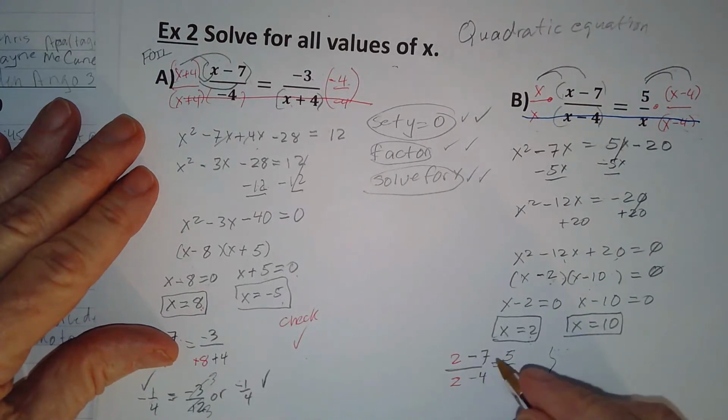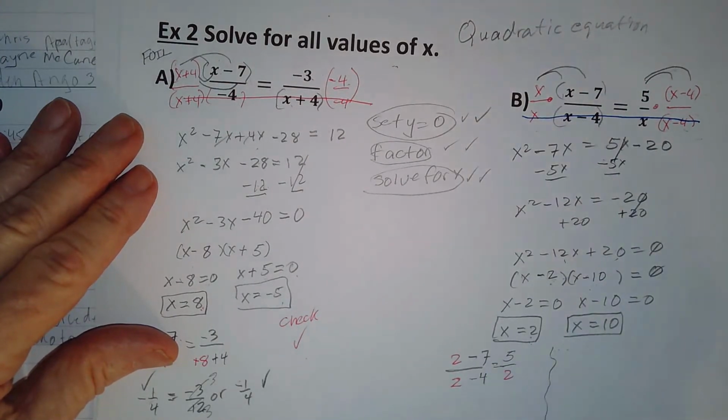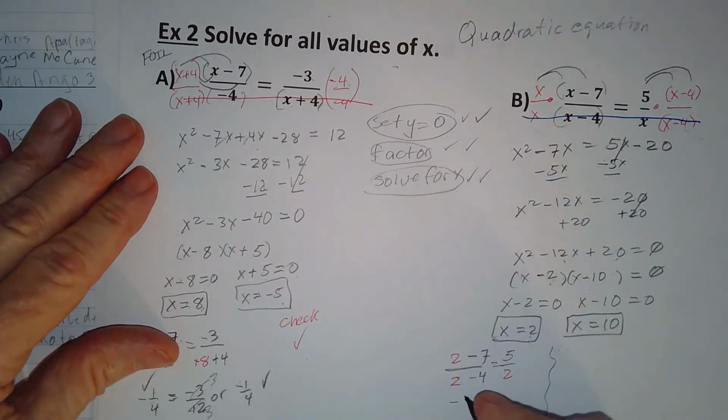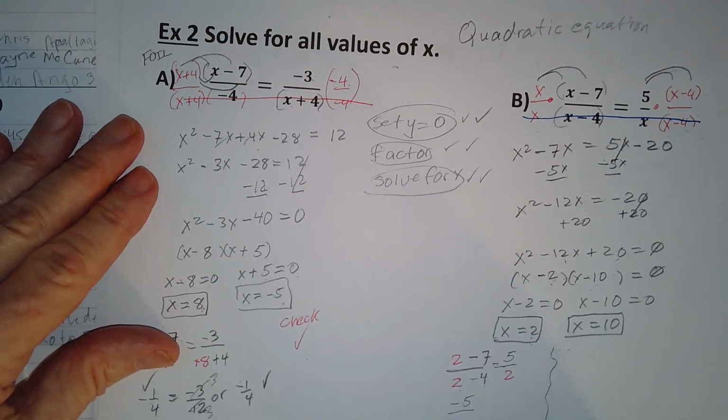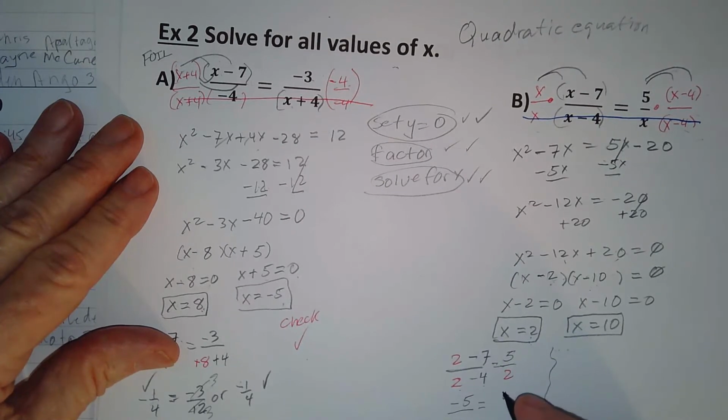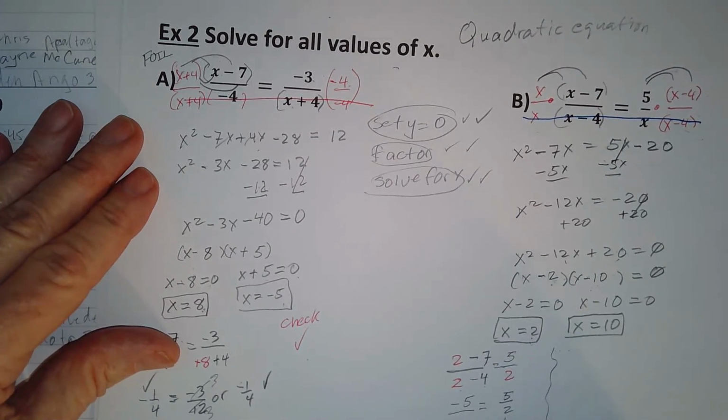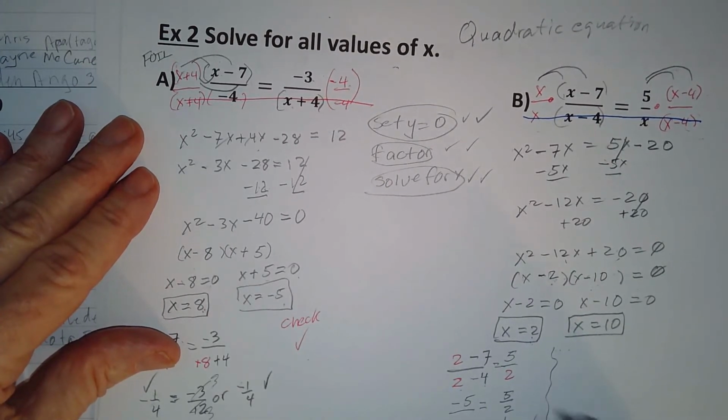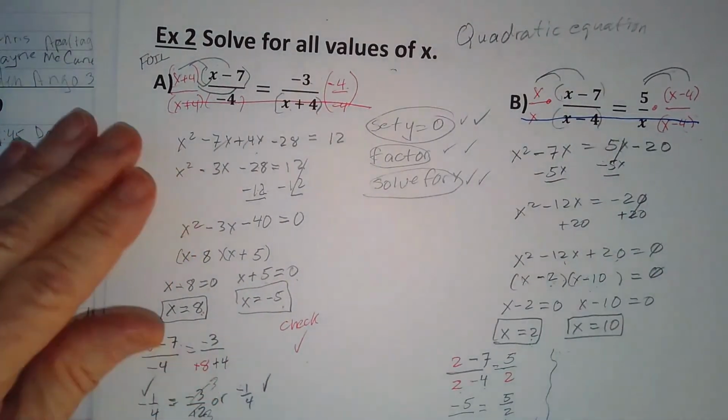Well, what's 2 minus 7? It's negative 5. So negative 5 and 2 minus 4 is negative 2, which cleans up to 5 over 2. Over here you got 5 over 2, which just comes down here. Checks. Okay, let's try 10.